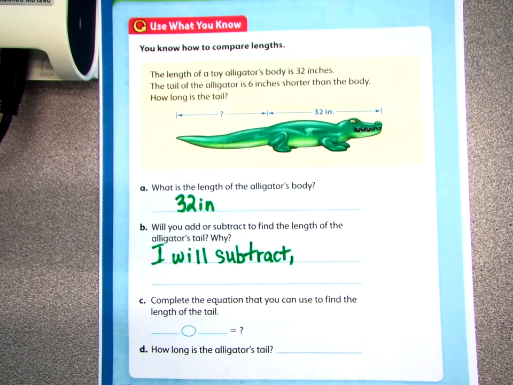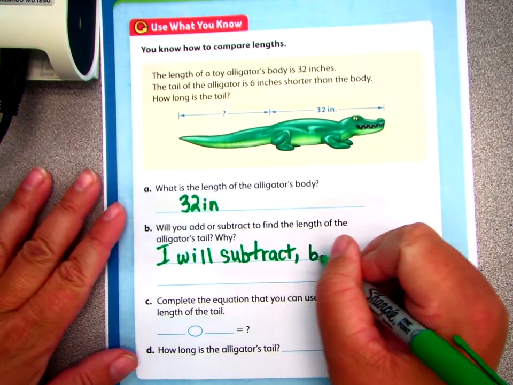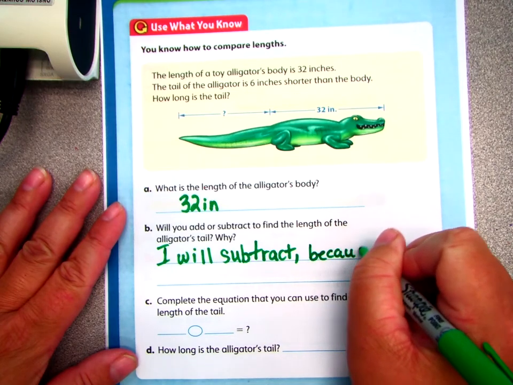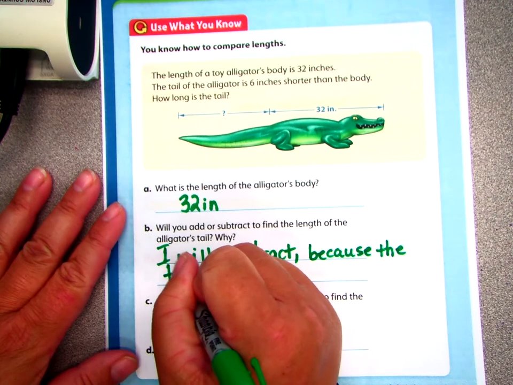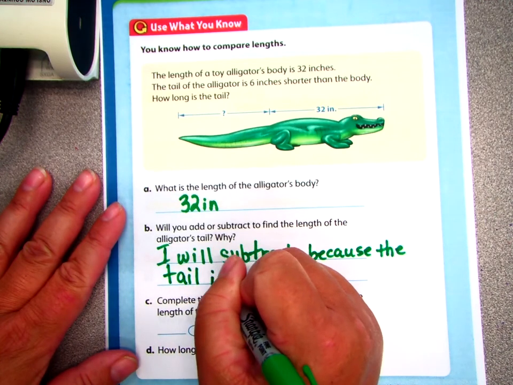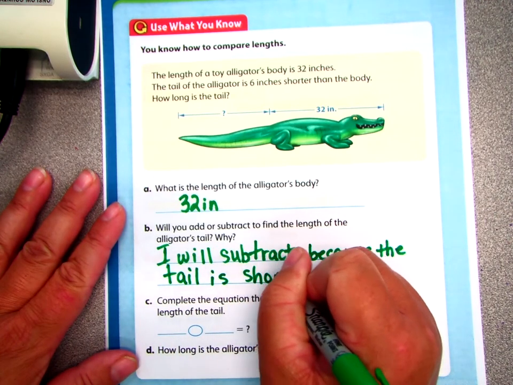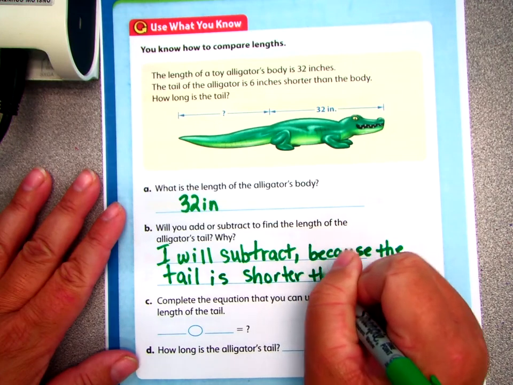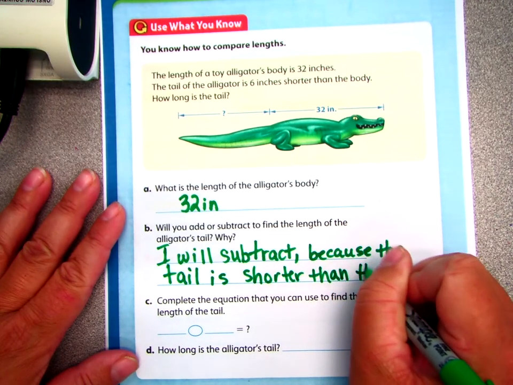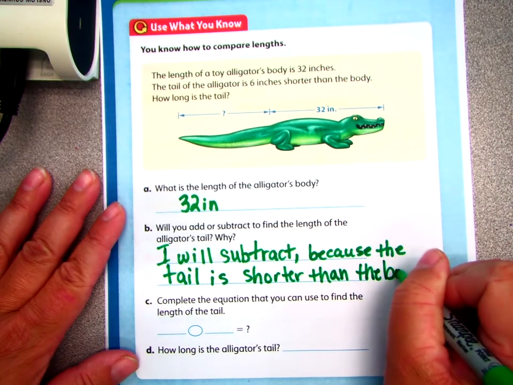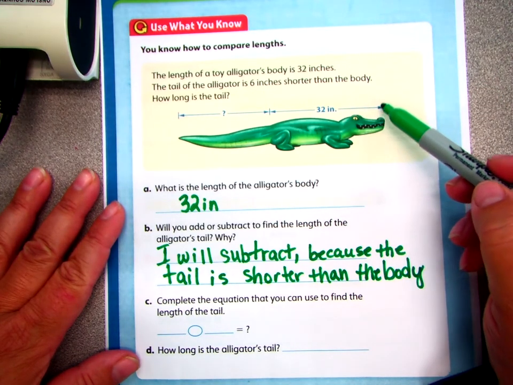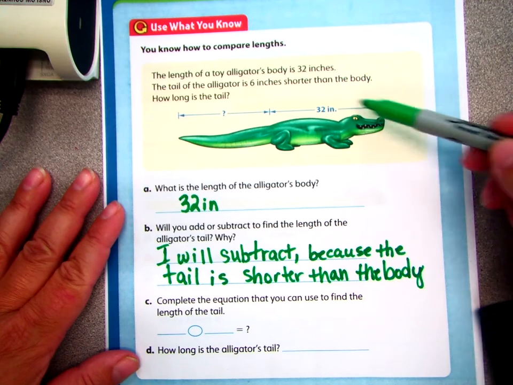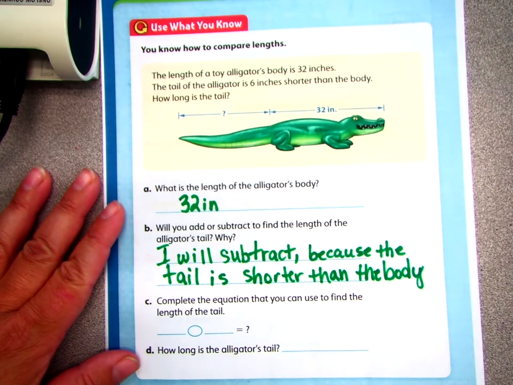That's because the tail is shorter than the body. And wouldn't you agree, looking at the picture? This is the body. This is the tail. Okay?